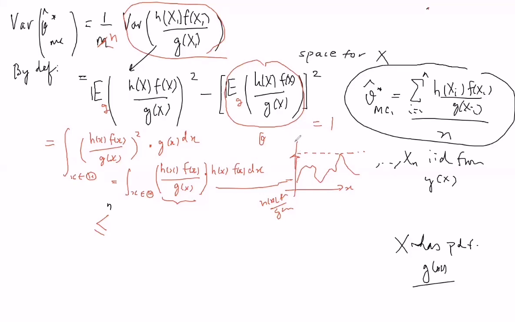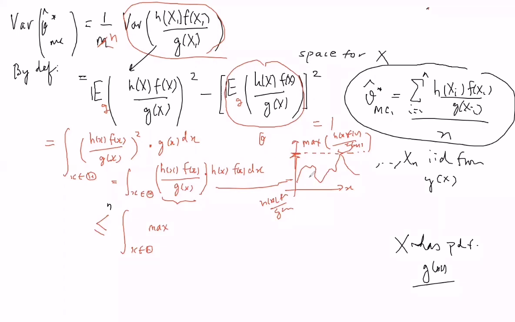So this line here is the max of h(x) f(x) over g(x), right? It doesn't matter how complicated this function is. There will be a max, right? Okay. So you could take that max. So this guy here is definitely bounded by the max.